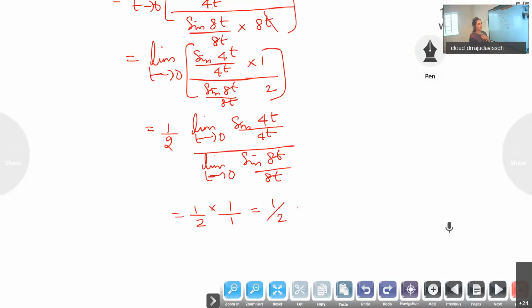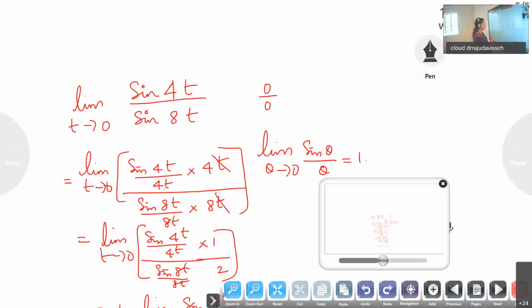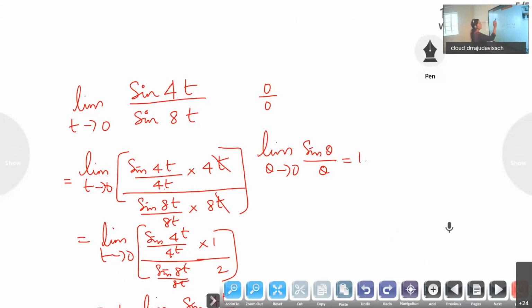Is it clear? Listen. The question is limit t tending to 0 sine 4t by sine 8t.